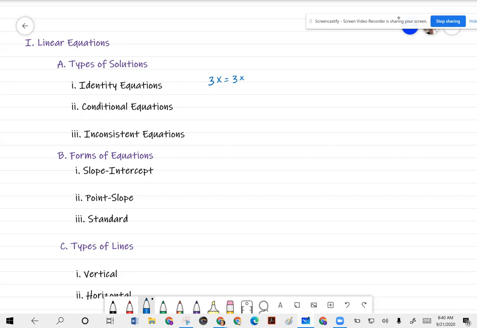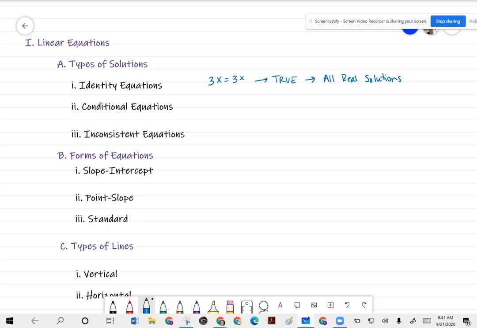When that happens, you have a true statement, and that means it's an identity, which means there are all real solutions. It doesn't matter what number you pick for x. Let's say I pick 2. Then 3 times 2 is 6 on the left, and I also have 3 times 2, which is 6 on the right. So all real solutions.